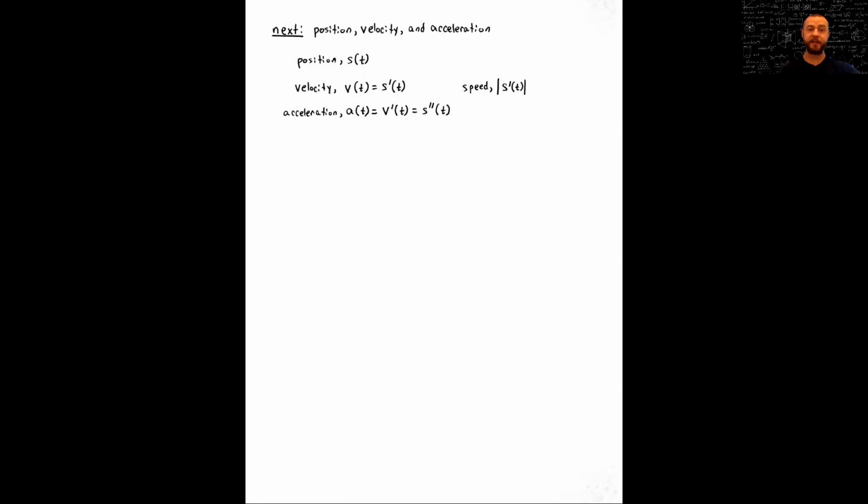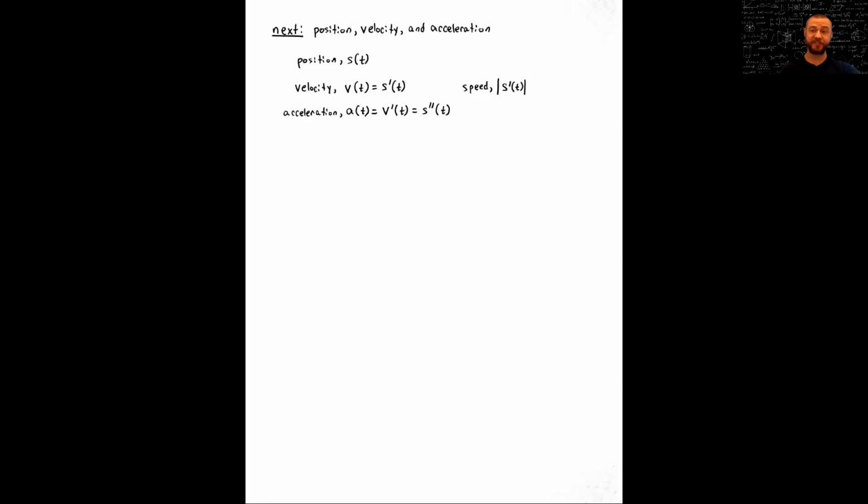All right, so the central idea that we addressed earlier, very briefly, is if the position of an object, so for one-dimensional motion, we denote that by s of t, the velocity is s prime, a derivative, and then the acceleration, which is itself a rate of change, but of velocity, we can write it as v prime, the derivative of velocity.